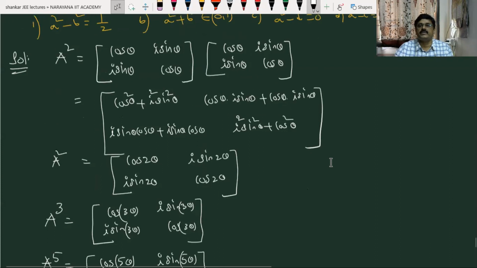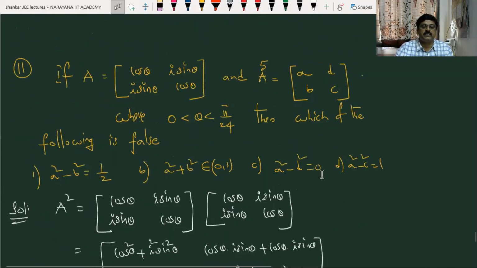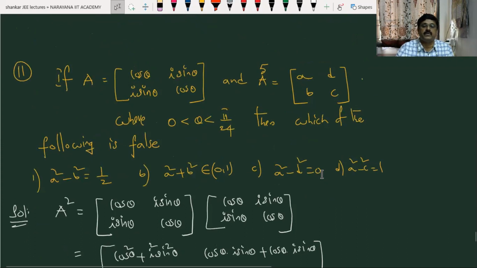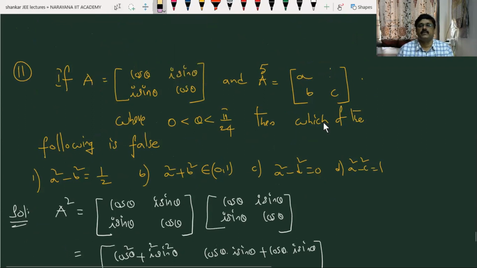This is given as [A, D; B, C], students. Carefully you have to observe, this is given as [A, B; C, D]. In the problem, it is A, B, C, D.